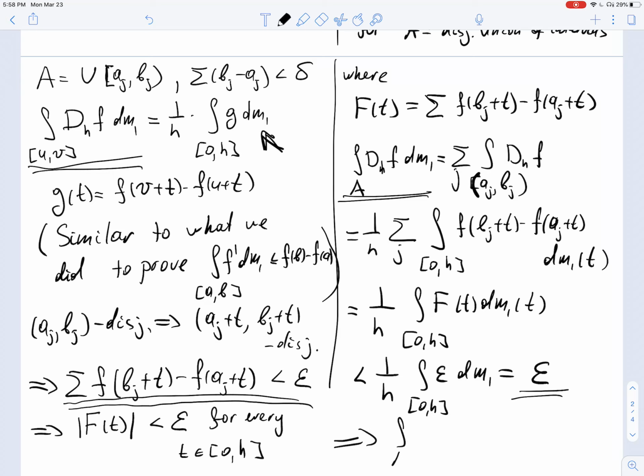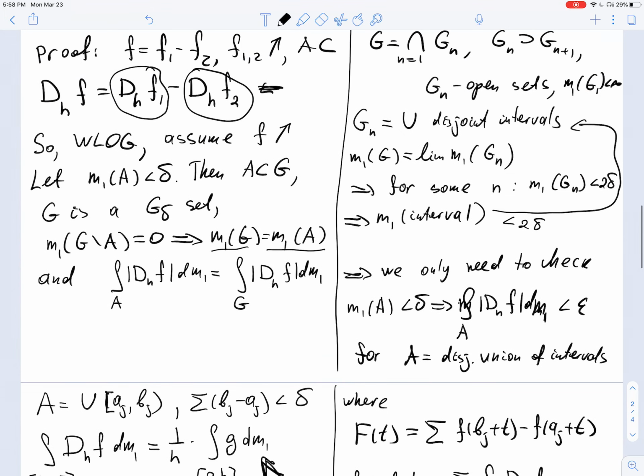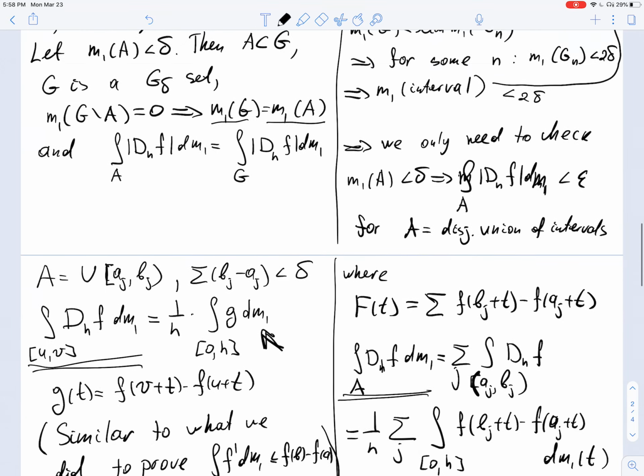So what we achieved here is this. If A is a disjoint union of intervals, which means that this is true if A is an open set, and if this is true for any open set, then it's true for any G delta set, because the measure of a G delta set is the limit of measures of the open sets, and if it's true for a G delta set, then it's true for every set.